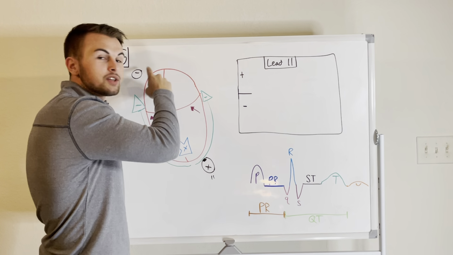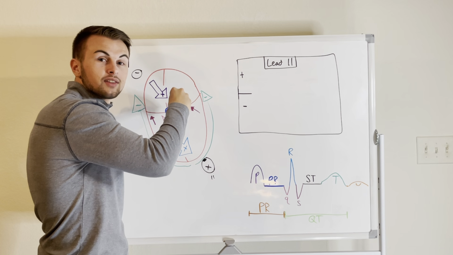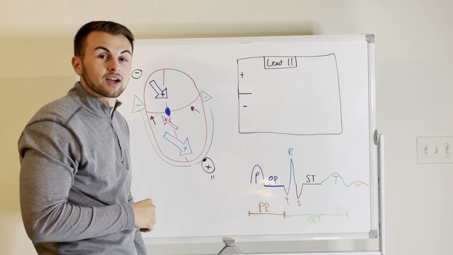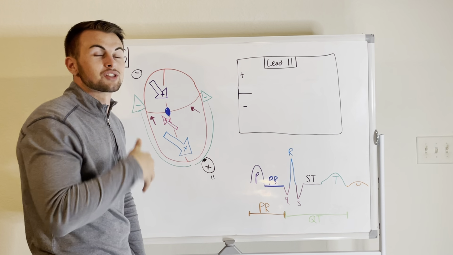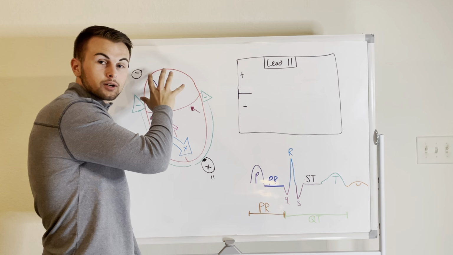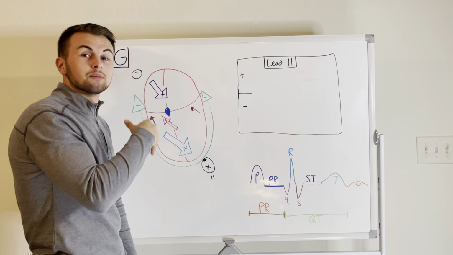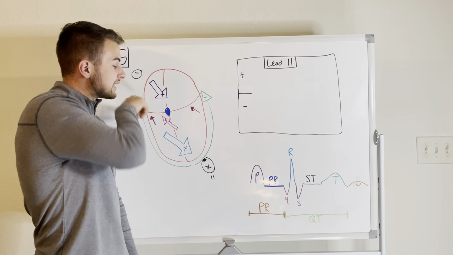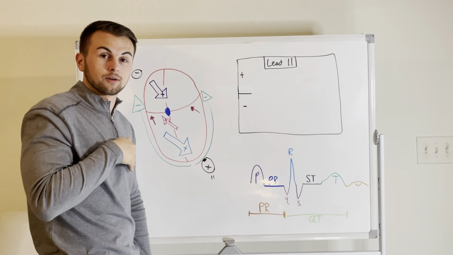Now, all of these small electrical vectors that the cells are generating can be summed up into one giant vector. This vector is basically just the average of all the electrical activity that is happening in both of the atria. This means that the majority of the electrical vectors in the atria point downward and leftward.